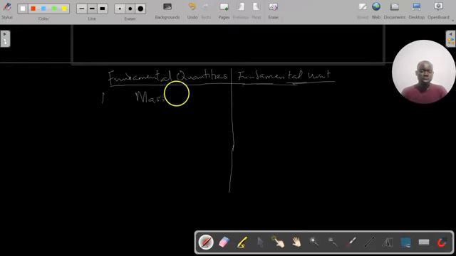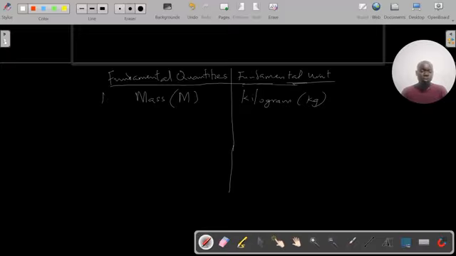Mass is a fundamental quantity. It's usually represented with capital M. The standard unit for mass is kilogram. Before I continue, let me mention that it does not mean there are no other units for mass, likewise other quantities. But in the International System of Units, called SI unit, the standard unit accepted for mass is kilogram.